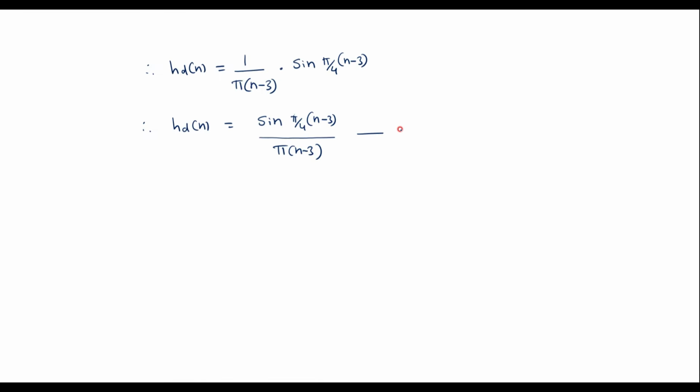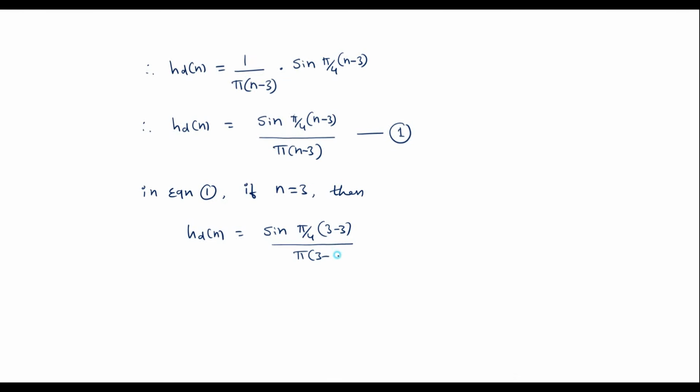We'll call it equation 1. Now in equation 1, if n is equal to 3, then we have hd of n is equal to sine pi by 4 into 3 minus 3 divided by pi of 3 minus 3, which is equal to 0. We know that sine 0 is 0, so it is a 0 by 0 form.